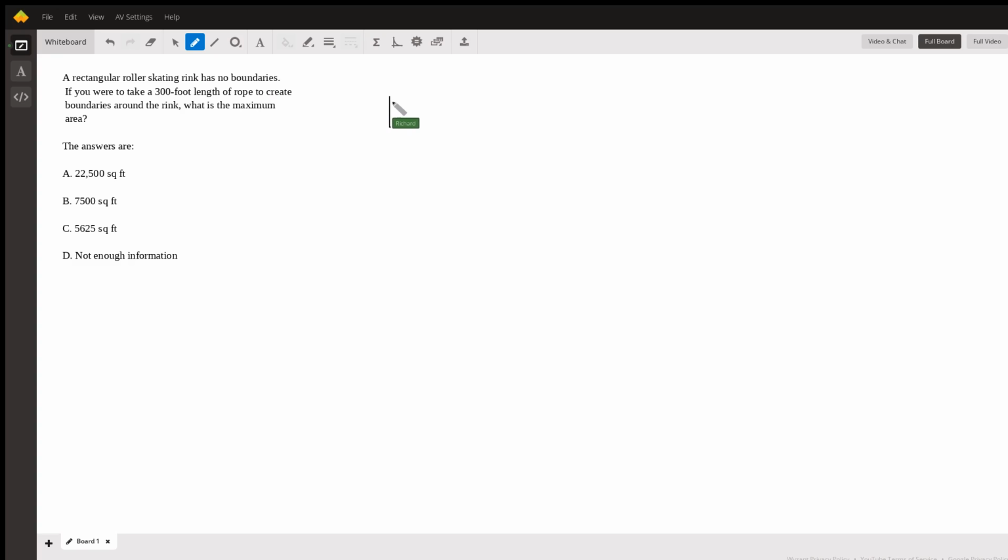So let's just draw a rectangular shape. It has a length and a width. It's supposed to look like a rectangle.